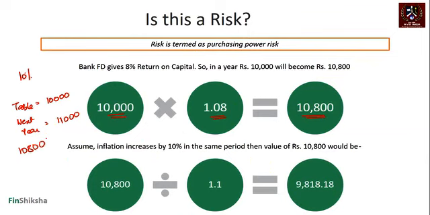And hence, the value of this 10,800 versus 11,000 is the same as the value of this 9,818 versus 10,000 today, right? So in today's value terms, the worth of money has actually gone down, even though you earned 8% return on capital. Get the point?